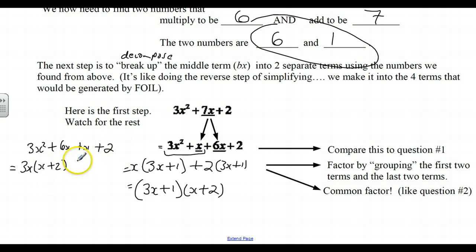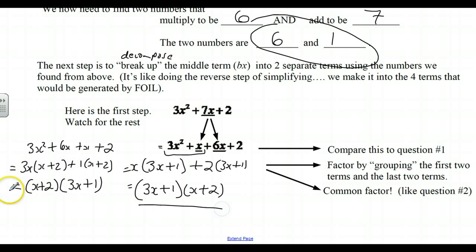And the greatest common factor here is 1, giving me x plus 2. And so what we're looking for is, remember, I want to find a GCF of x plus 2 here. And I just have x plus 2, so we're going to write it as 1 times x plus 2. So now the greatest common factor is x plus 2, and what's left? 3x plus 1.